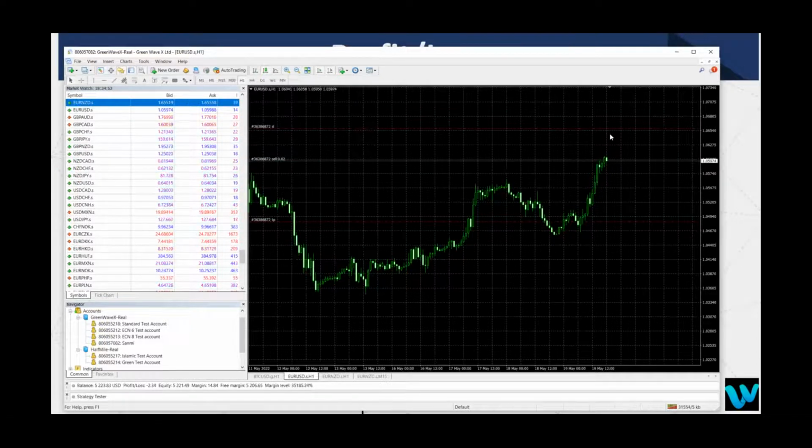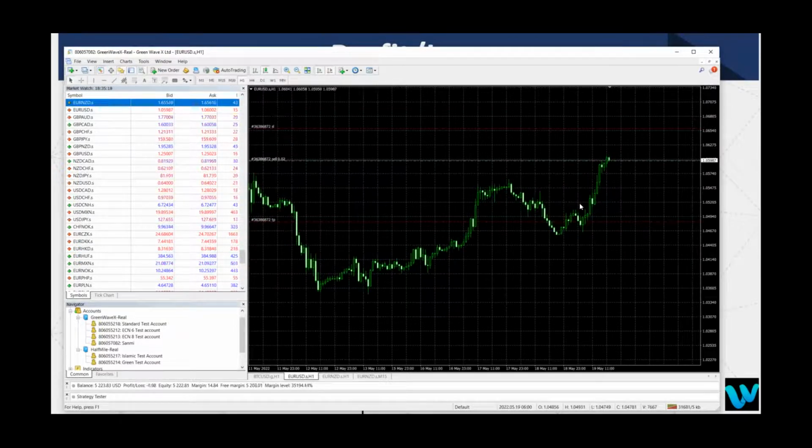So if price gets here, it's going to take me out at a loss of 11, 12 pips. Okay. And if it comes to take profit, it's going to give me a profit of around $22. This one is around $12. Okay. So I'm risking $12 to make $22, $23. That's what it means.